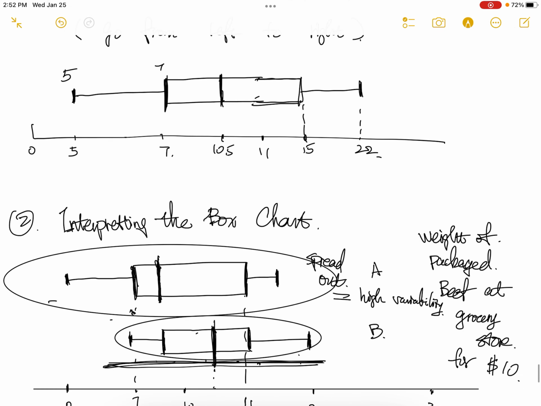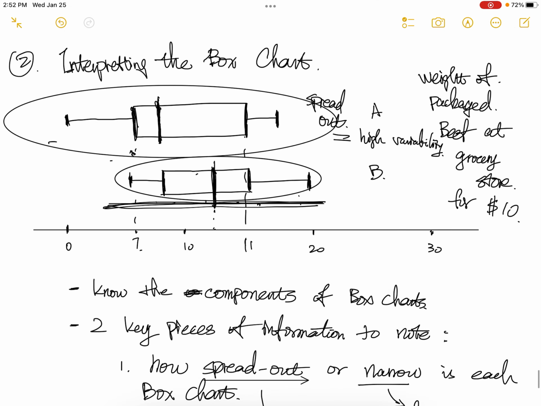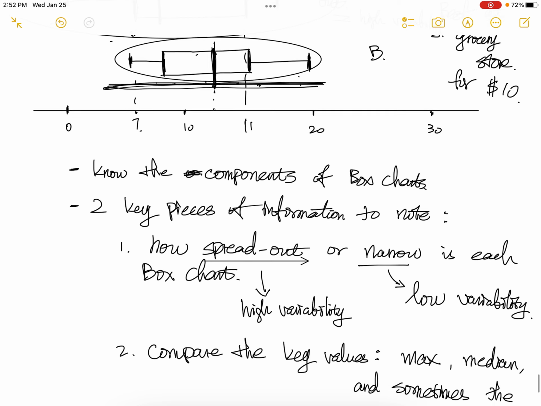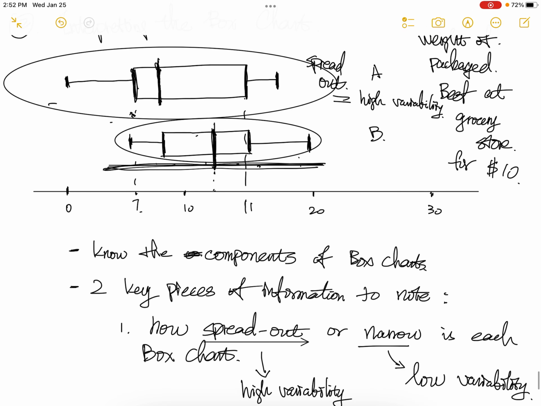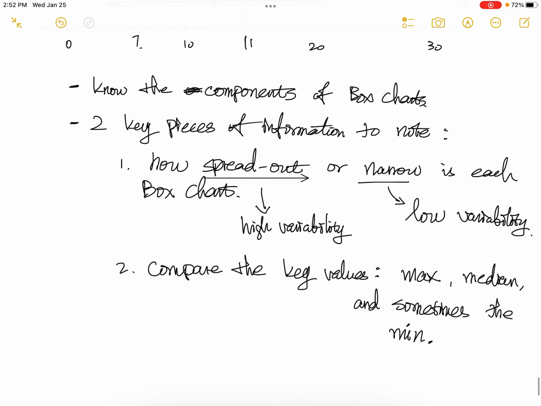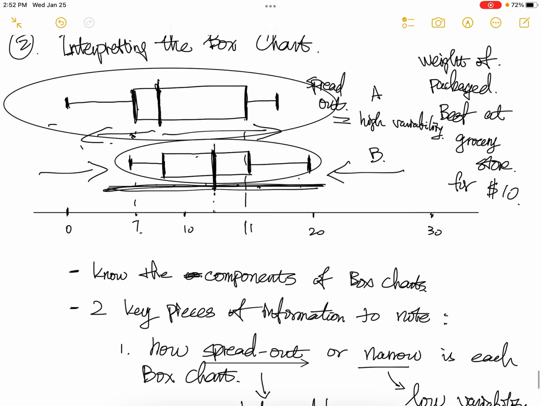Okay, so that's how to interpret the box chart. Note two things. Number one, note how spread out or how compressed the box charts are. And number two, compare the key values.